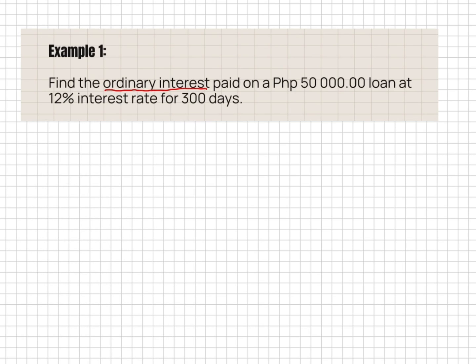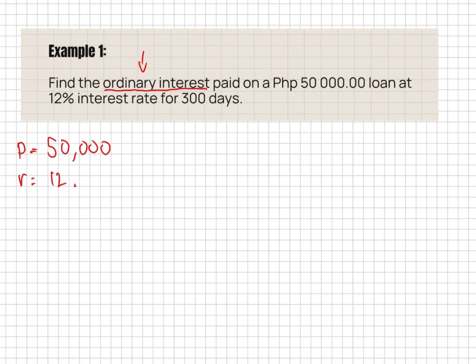So on our first example, we need to find the ordinary interest paid on a 50,000 peso loan at 12% interest rate for 300 days. So first we have to define the given values in the problem. For the principal amount, we have 50,000 PHP.